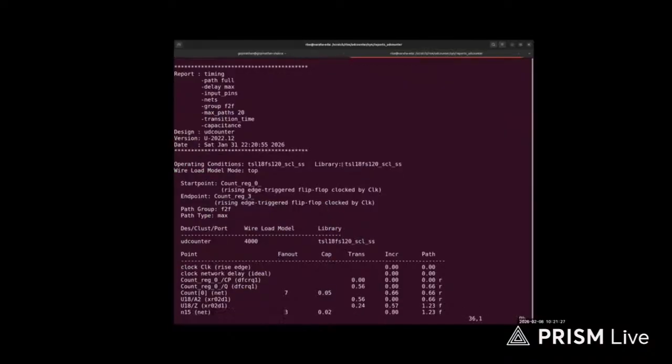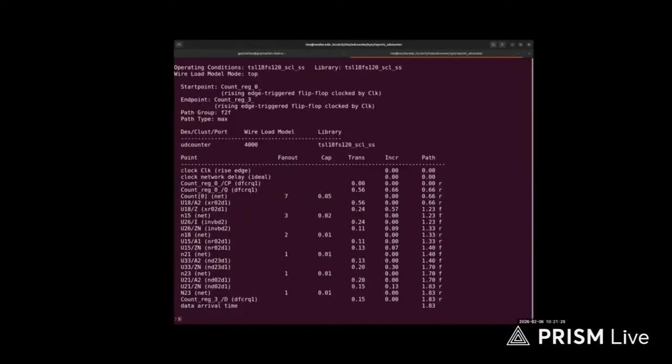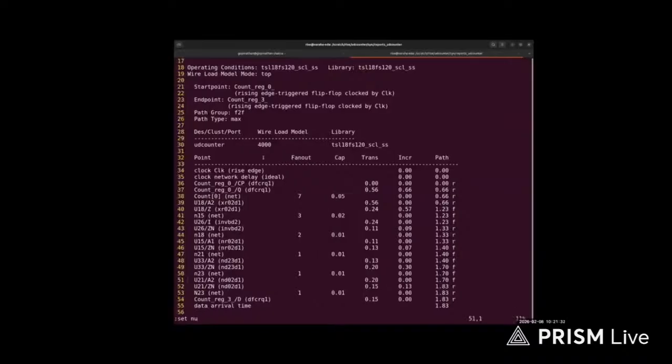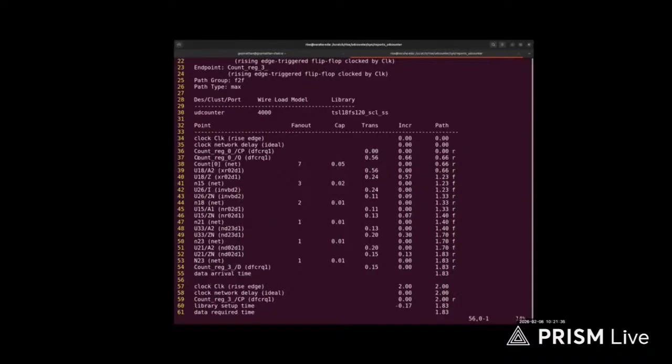Now, if you see this, your start point is count reg 0. This is the clock pin of this flip-flop, and this is the Q pin of the flip-flop. When you're doing flop to flop, the first flip-flop is the source flip-flop, the start point.